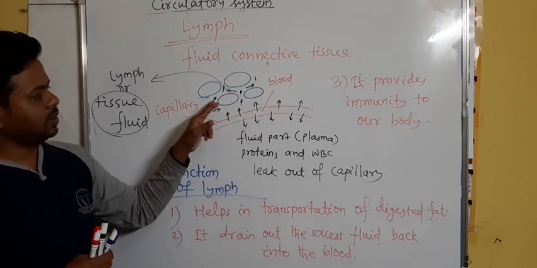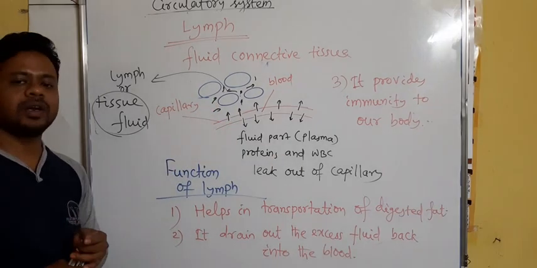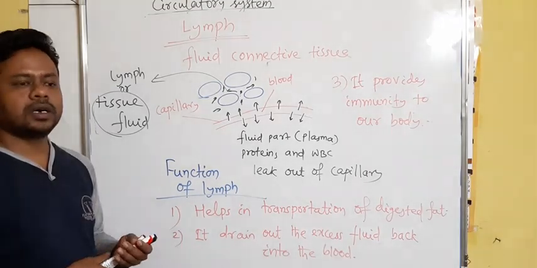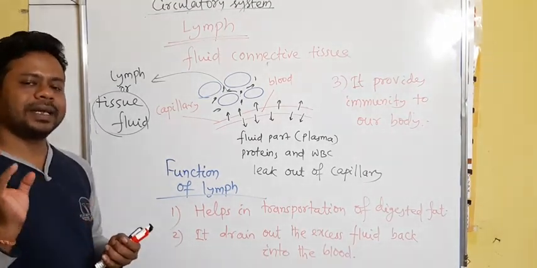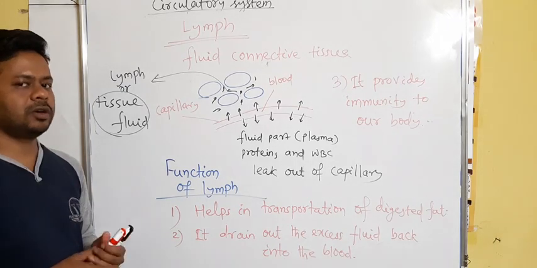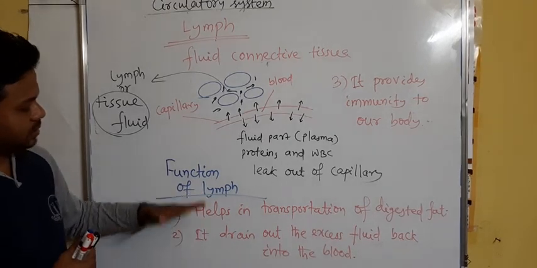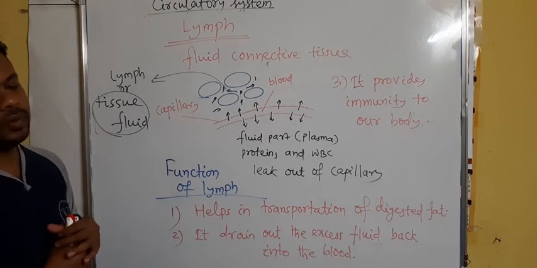When present in lymph, they are known as lymphocytes, and they do the same function. They kill disease-causing microbes if present in the lymph. So these are the main three functions of lymph.